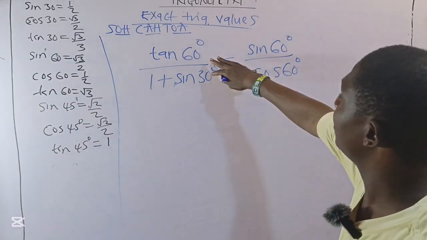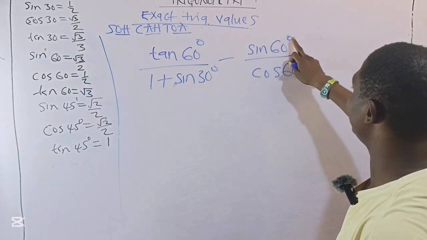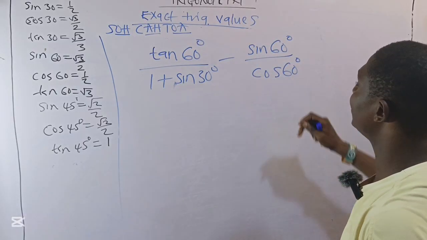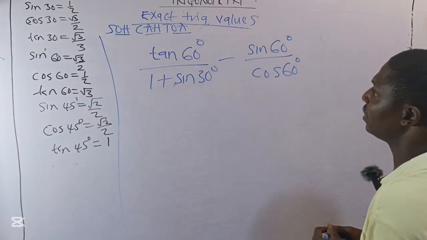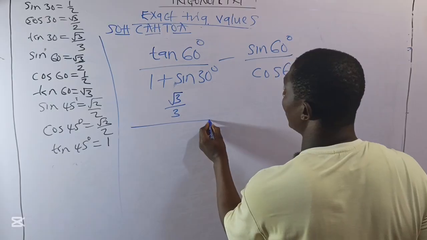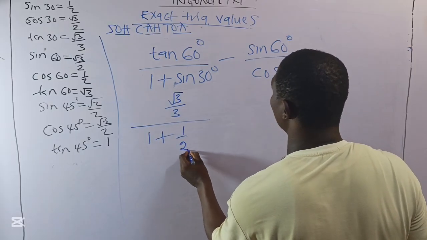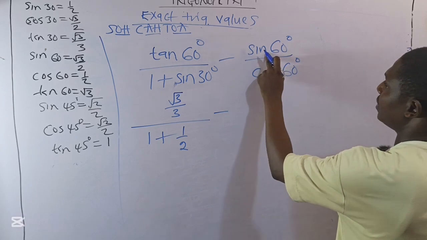So again, we have tan 60 degree divided by 1 plus sin 30 degree minus sin 60 degree all over cos 60 degree. Now tan 60 degree is root 3 over what? 3. Longer division: 1 plus sin 30, 1 over 2, minus sin 60 is what?